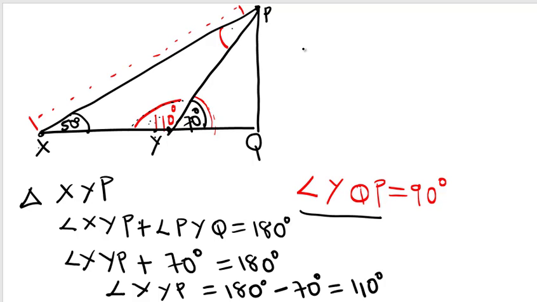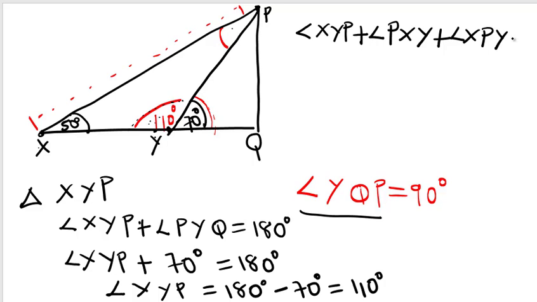We are going to have angle XYP plus angle PXY plus angle XPY. Now this is supposed to give us 180 degrees.